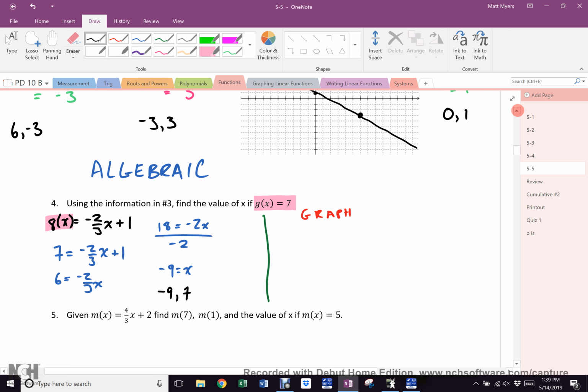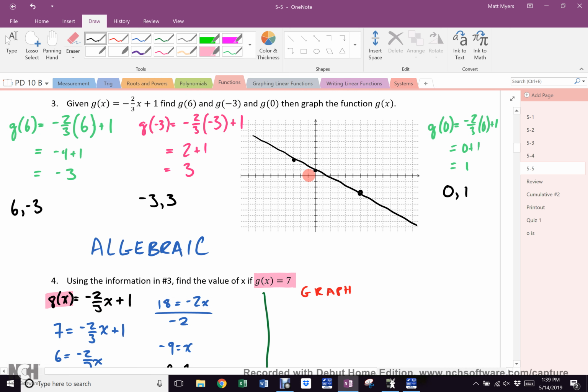Now, let us go back to our graph. 1, 2, 3, 4, 5, 6, 7, 8, 9. 1, 2, 3, 4, 5, 6, 7. And if this line were indeed straight, because I didn't use a ruler, I would hit it. Is everybody good? Okay. Now we're going to do it graphically.